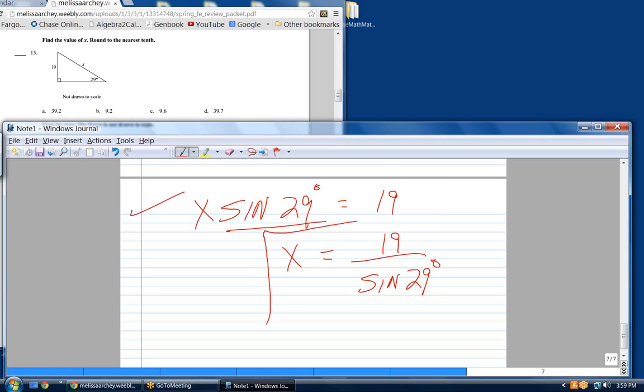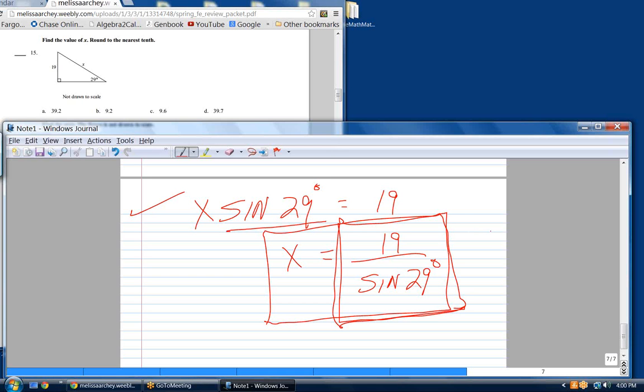X is equal to 19 divided by the sine of 29 degrees. This can be done in one step in the calculator. And not only that, but you don't have to worry about the round-off error. You're still going to round off the answer when you get it, but you don't want to round off prior to the final answer. Okay, I see what you're saying.